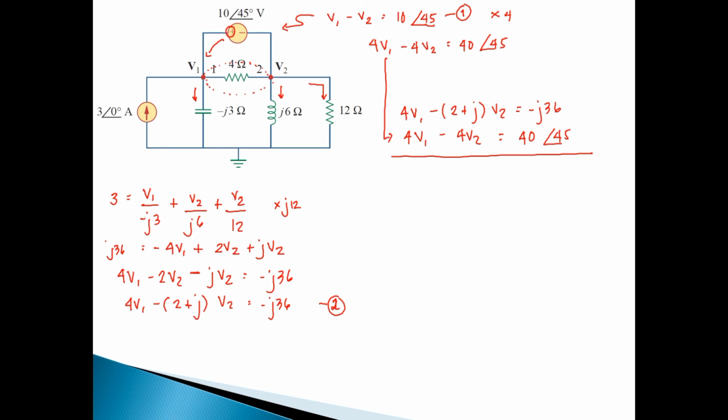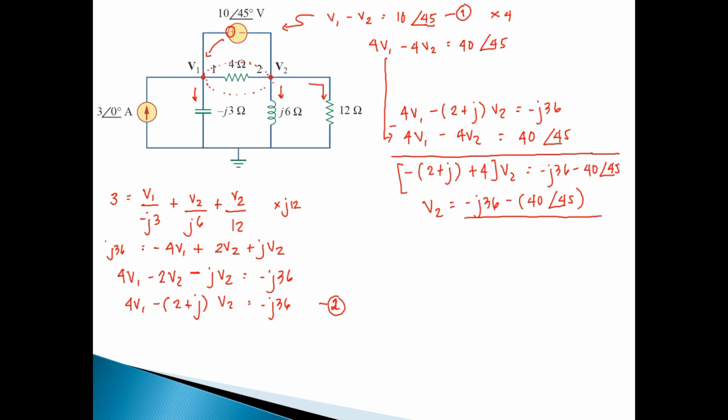In this case, instead of adding, we can just subtract. So V1 will be cancelled. So negative 2 plus jV2 plus 4 V2. So negative 2 plus j plus 4. So V2 equal to negative j36 minus 40 angle 45.